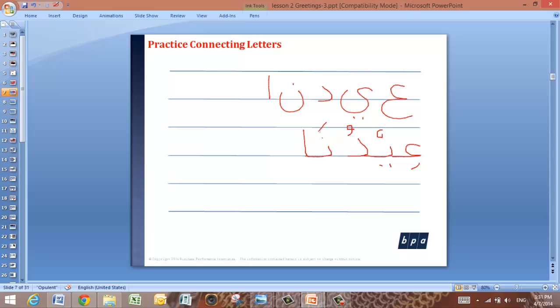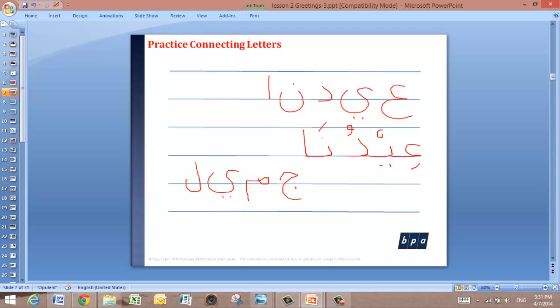The second word has jamil, which is jim, meme, ya, and lam.